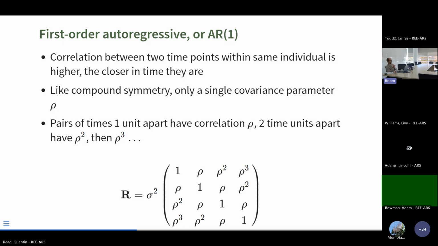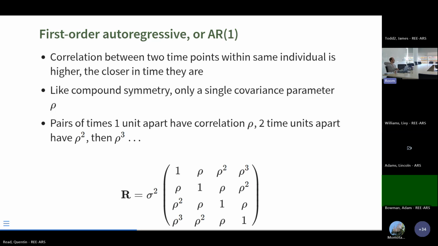Now, I would say first order autoregressive is good for things where you're measuring something like weight gain over time, because we know that a cow's weight in one week is dependent on the weight a week before. But if you're doing something where there are environmental fluctuations, like looking at the yield of a crop in the same plot over several years with different climate in each year, it doesn't go up step by step.